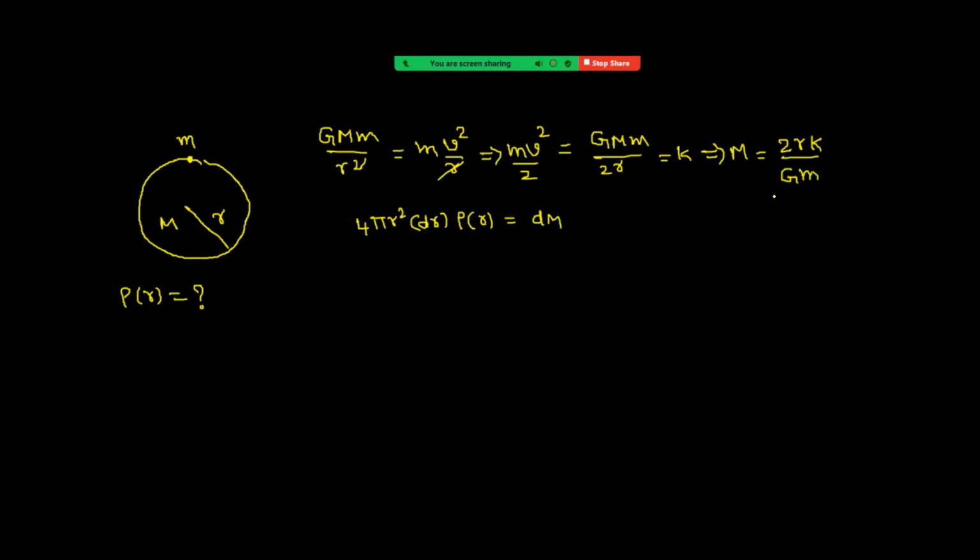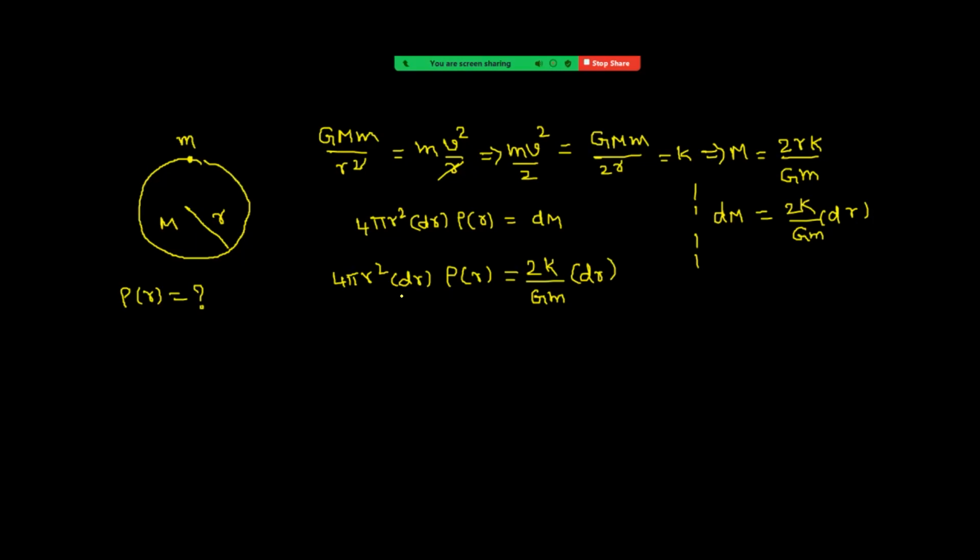We have here dM, so I am finding dM from that expression. dM is equal to 2k by Gm into dr. Now take this result into this one, then see what we get. 4 pi r square into dr into rho of r is equal to 2k by Gm into dr. So dr gets cancelled.